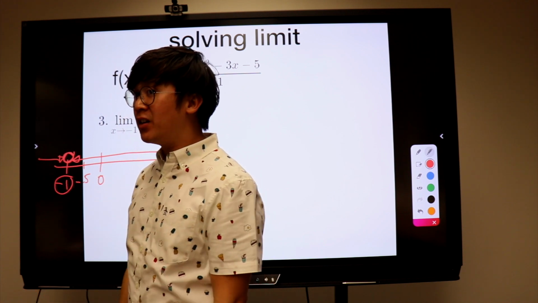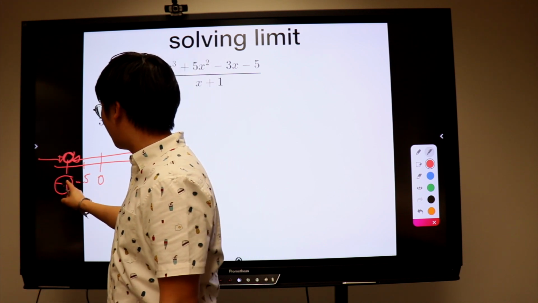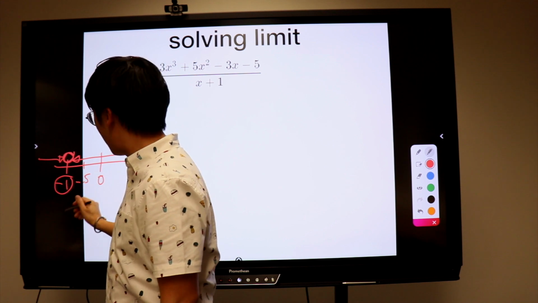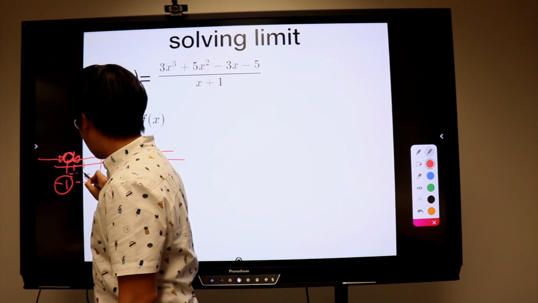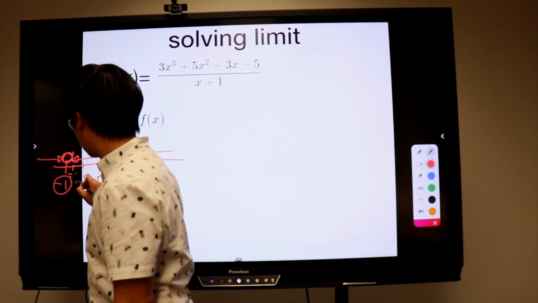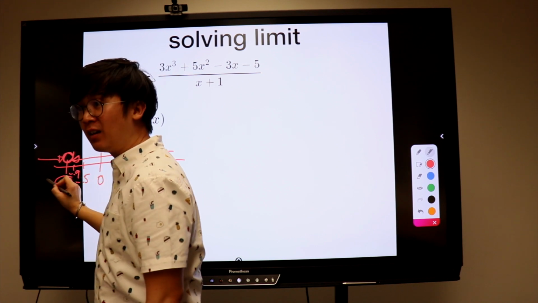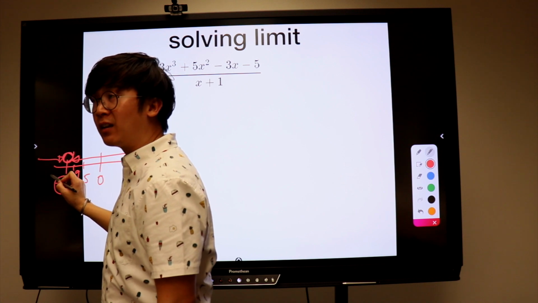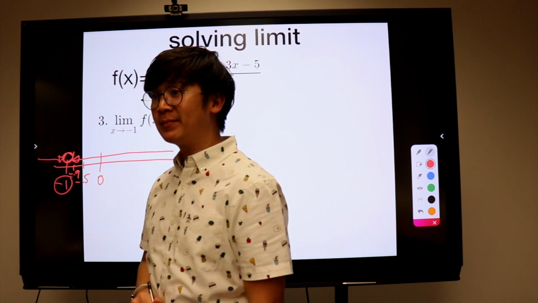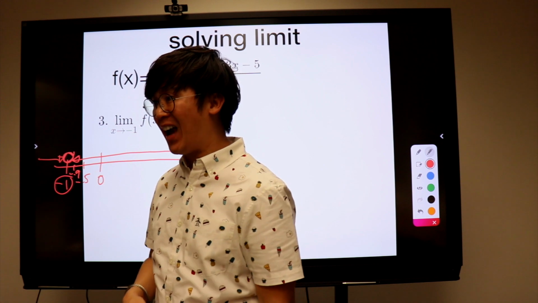Can we pick another number that is closer to -1 but not -1? -0.9. Yes. Okay, push it.